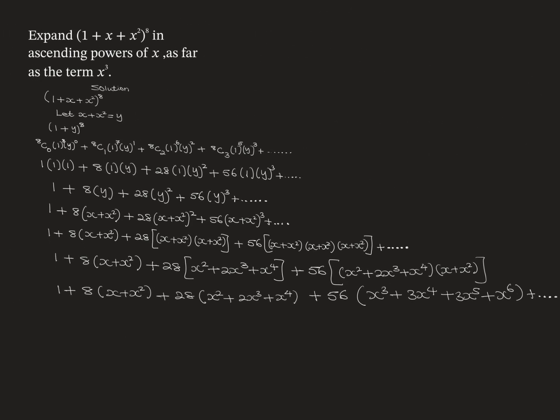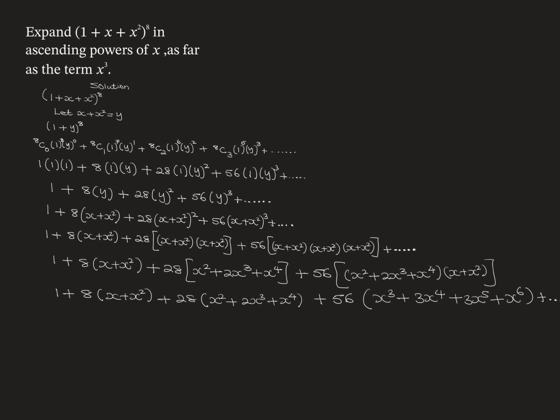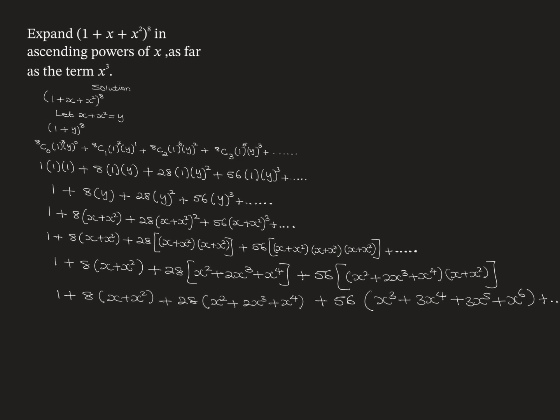So if we go back to the question, it actually says we expand in ascending power of x as far as the term x to the power 3. So only terms that are less than or equal to x to the power 3 are what we're going to write. Okay, so the maximum power that we have to write will be x to the power 3.